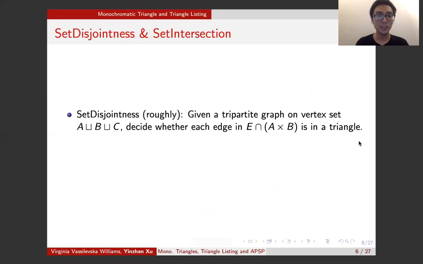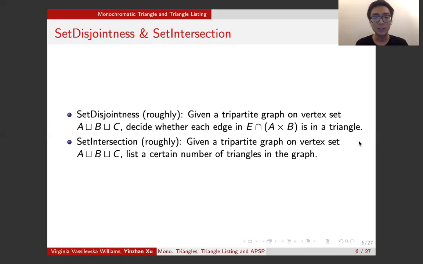The set disjointness and set intersection problems are two problems relevant to the all-edges sparse triangle problem, and both of them have 3SUM hardness results. Roughly, in the set disjointness problem, we are given a tripartite graph G on vertex set A union B union C, and we need to decide whether each edge between A and B is in a triangle or not.